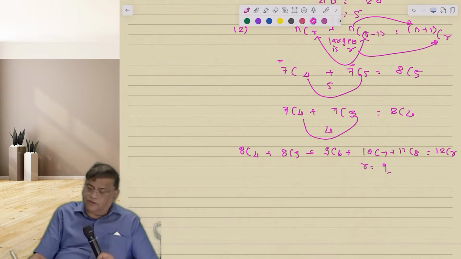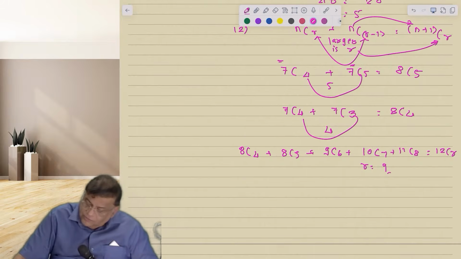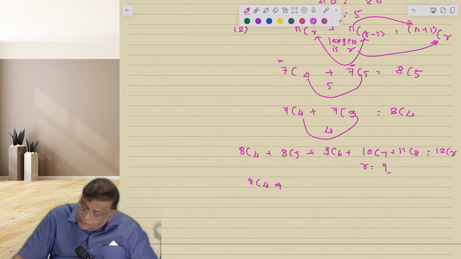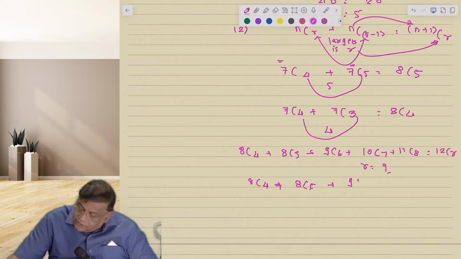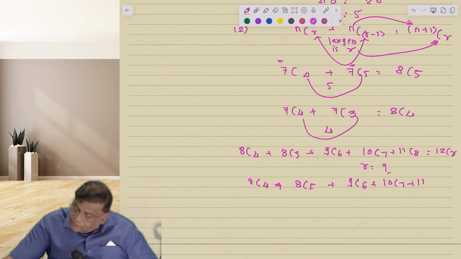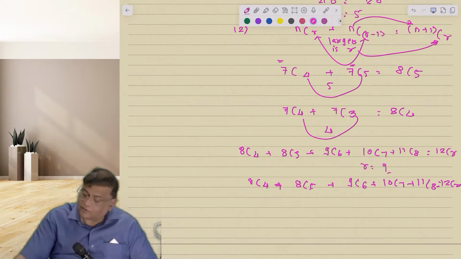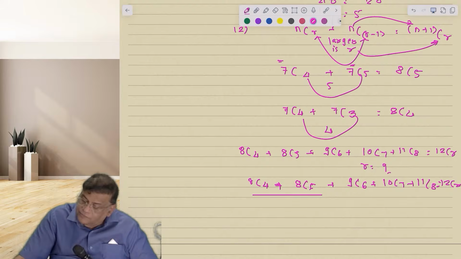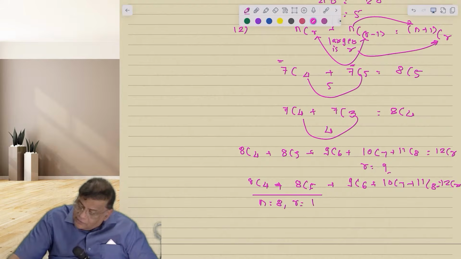So I start with this, what is given? 8C4 plus 8C5 plus 9C6 plus 10C7 plus 11C8 is 12Cr. I start and consider the first two terms. So here n is 8 and r is the larger of the two, which is 5.